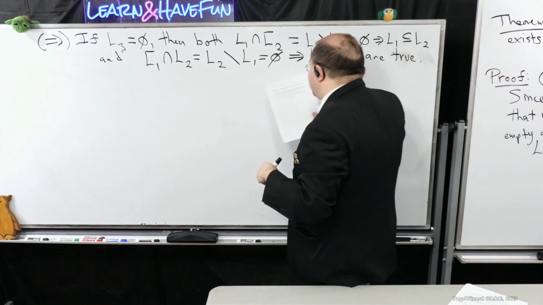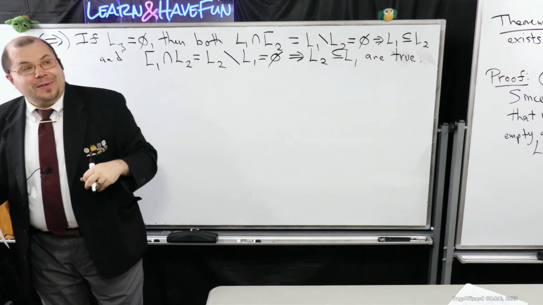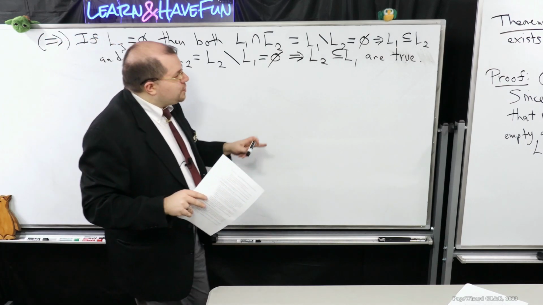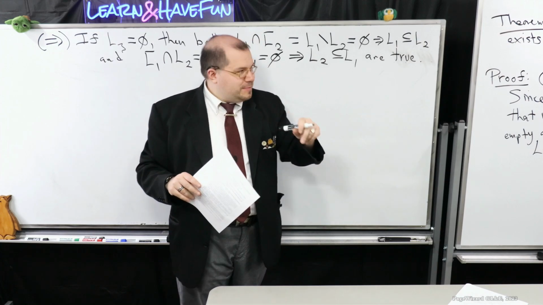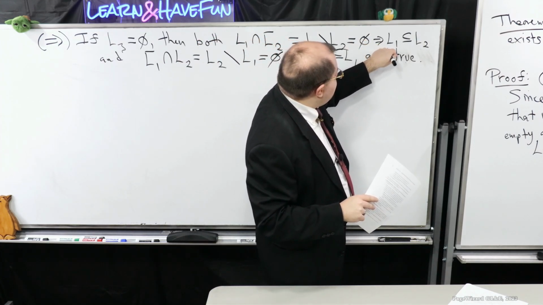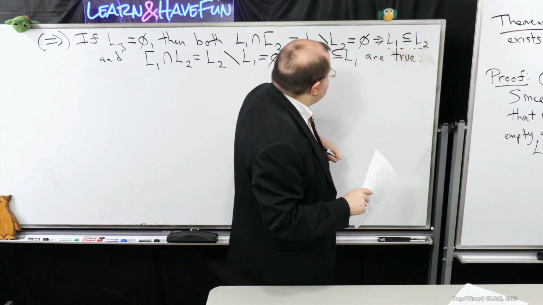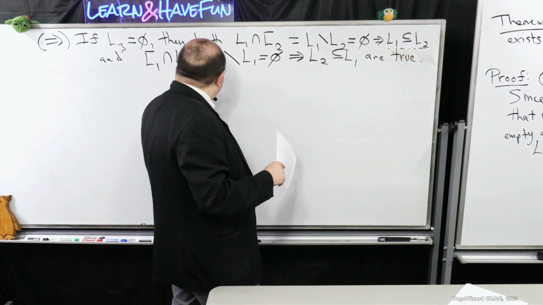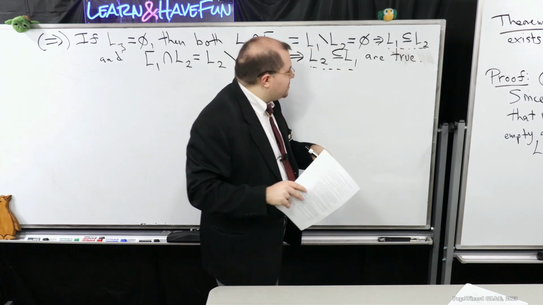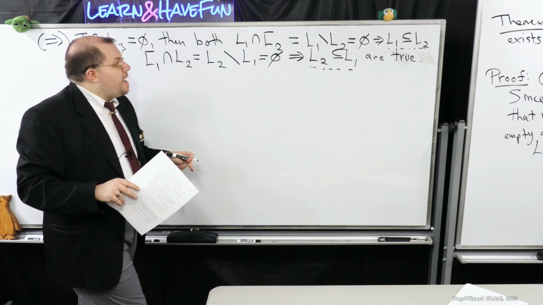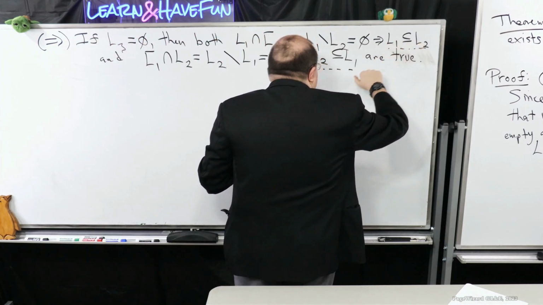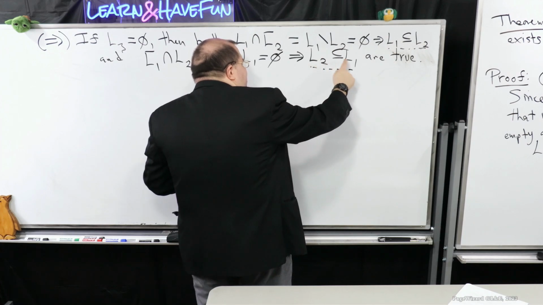So what does that mean then? For those acquainted with sets, I've just said that if it's empty, then L1 is a subset of L2, but that also means that L2 is a subset of L1. Everything that would have been in L1 has to be within at least L2, and everything in L2 is at least within L1.